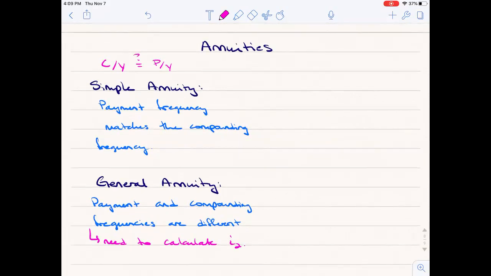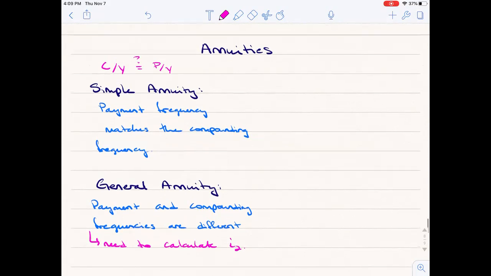The next column doesn't have to do with the compounding frequency or the payment frequency. It has to do with when the first payment and when these payments are being made. Because payments can be made at the end of each month, bi-weekly period, weekly period, right? So they can be made at the end of a payment period, or they can be made at the beginning of the payment period, right?